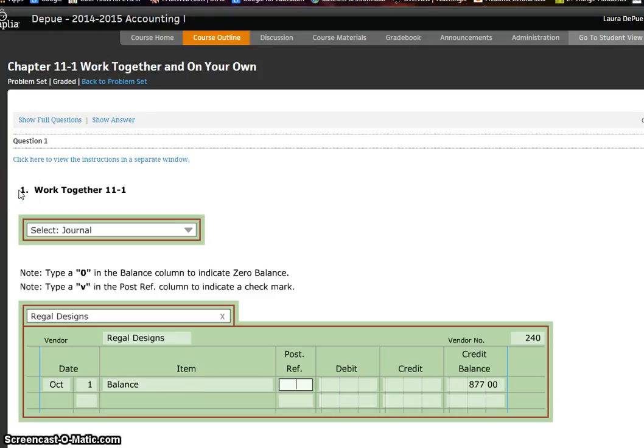And in the post reference, we put the check mark because we are never going to have to worry about this. This is not coming from a journal or anything. This is a balance brought forward from the previous month or the previous time period. So we put the check mark there.